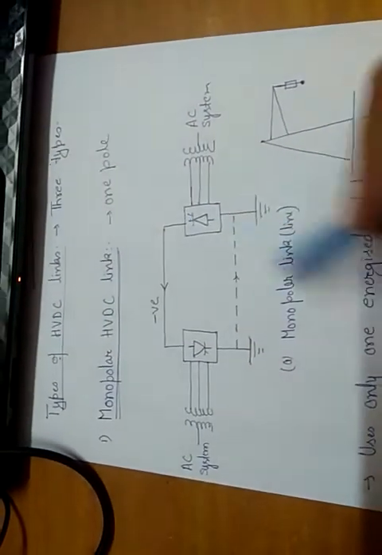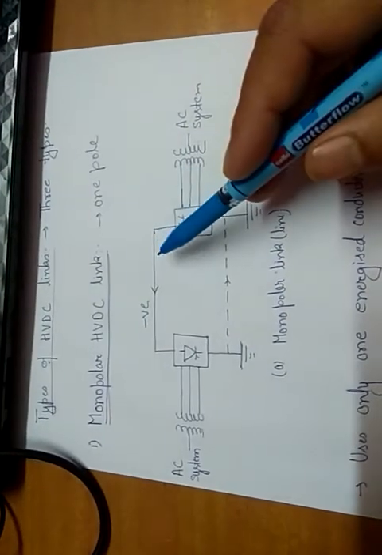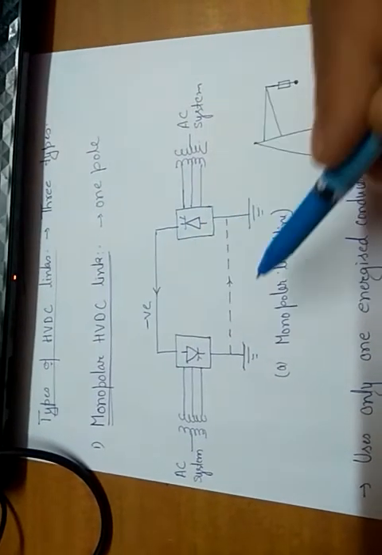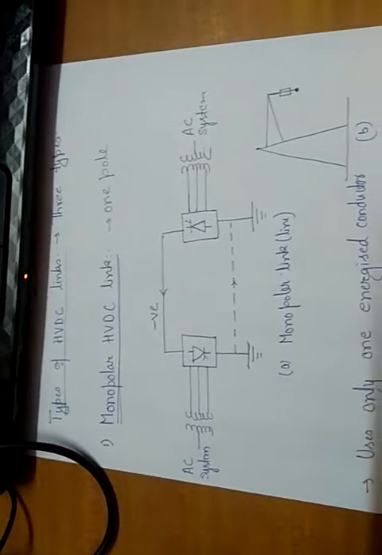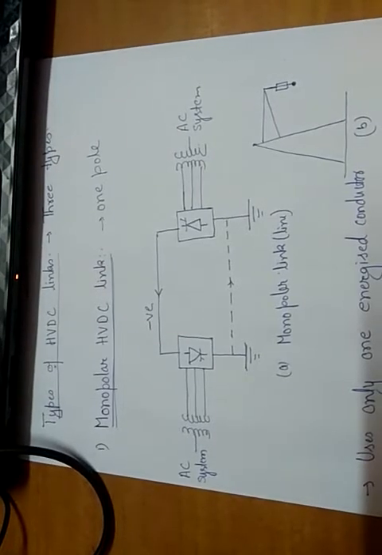So this is the monopolar link, which uses only one energized conductor, and the polarity generally preferred in a monopolar link is negative. Why is negative polarity preferred? Because with negative polarity the corona losses are less as compared to positive polarity.